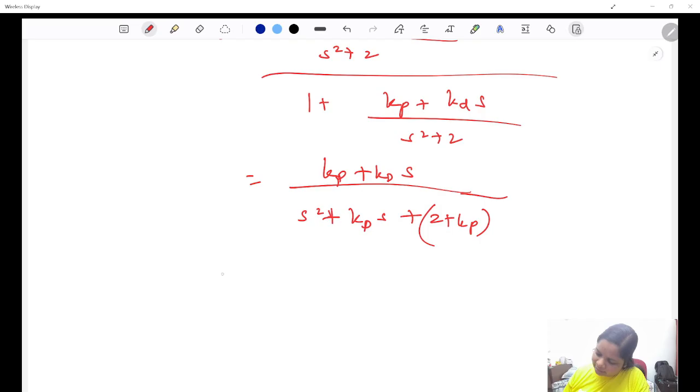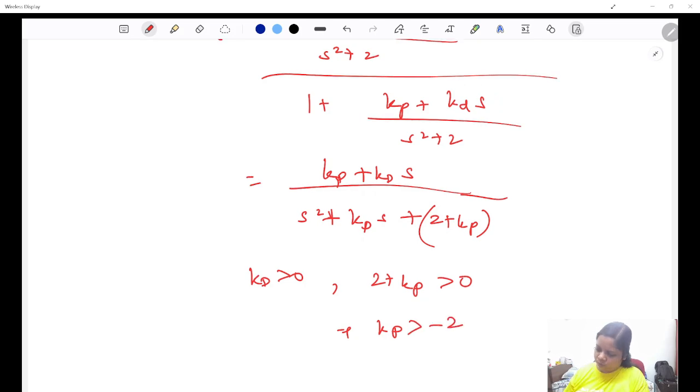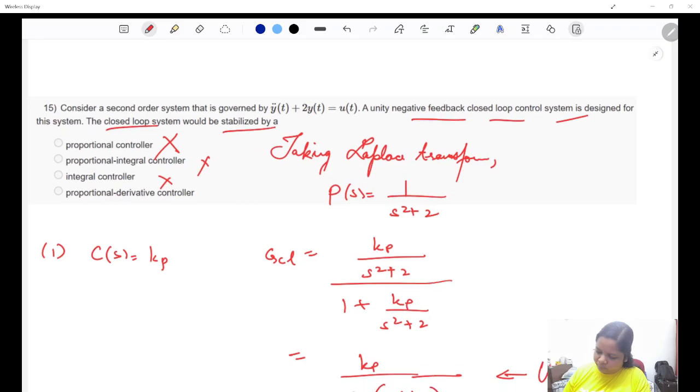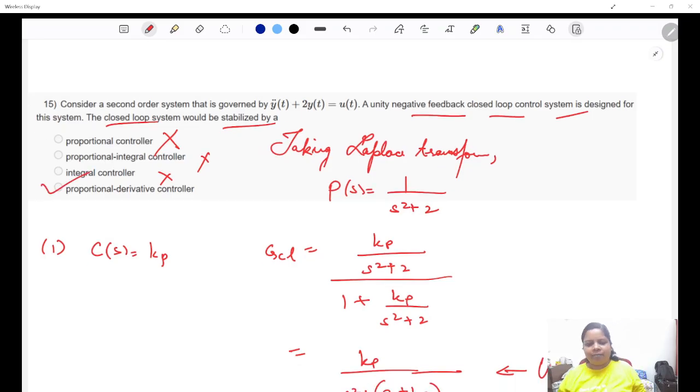The only condition is all the coefficients should be non-zero and all of them should have the same sign. Since the coefficient of S square is 1, which is positive, Kd should also be positive and 2 plus Kp should also be positive. That means Kp should be greater than -2. So yes, a PD controller can definitely stabilize the system.